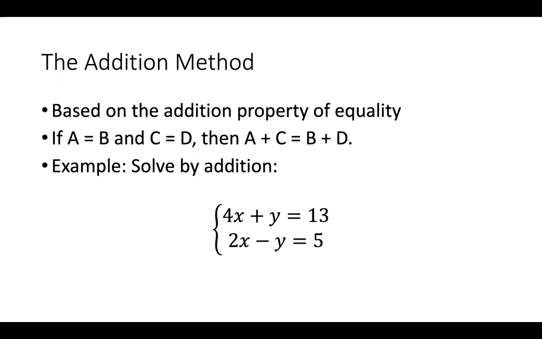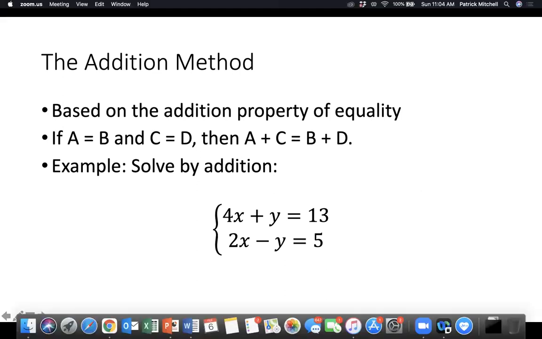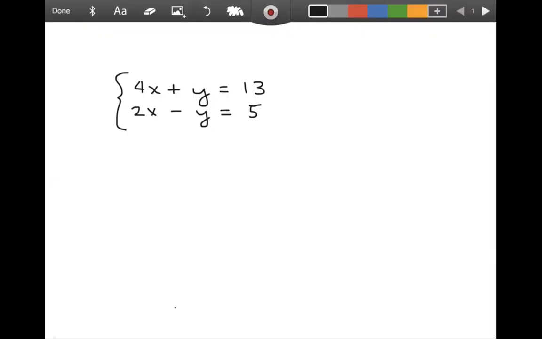My first example is going to be to solve this system of equations by addition: 4x plus y equals 13 and 2x minus y equals 5. I'm going to go over to the tablet, and we'll stay on the tablet because I just have a bunch of examples of solving by addition.